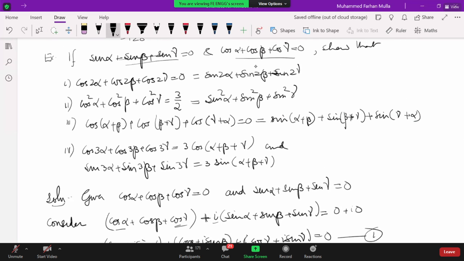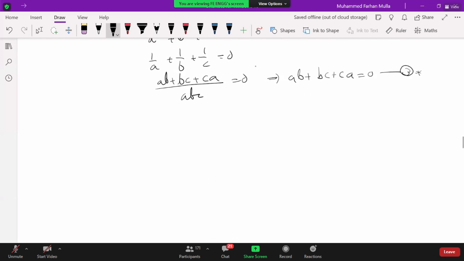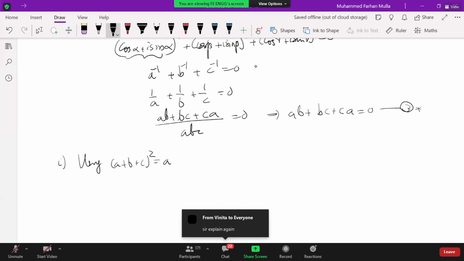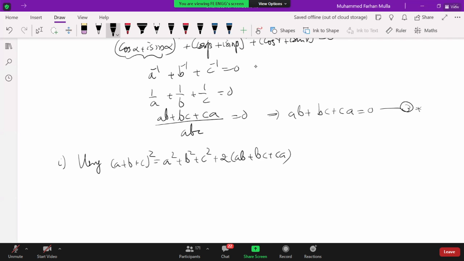That is, how do you find cos 2 alpha plus cos 2 beta plus cos 2 gamma equal to 0. For this, the first one, I use (A plus B plus C) whole square, which is nothing but A square plus B square plus C square plus 2 times (AB plus BC plus CA).